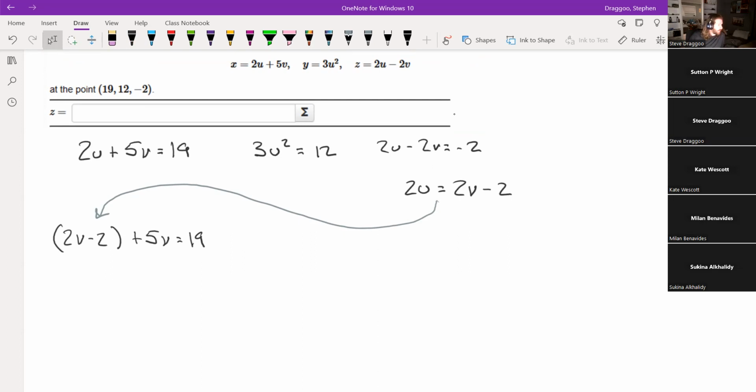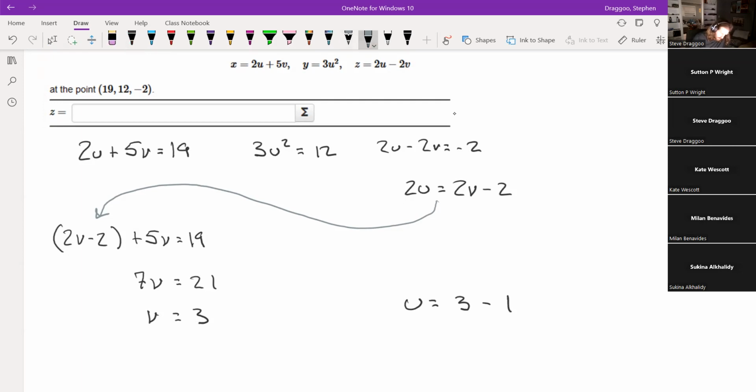Should solve that thing around for v. Looks like I've got 7 v's in total, and it's equal to 21. So I'll need to add 2 over to the other side. And if 7v is 21, v itself has got to be 3. Then, if v is 3, u is going to be 3 minus 1.